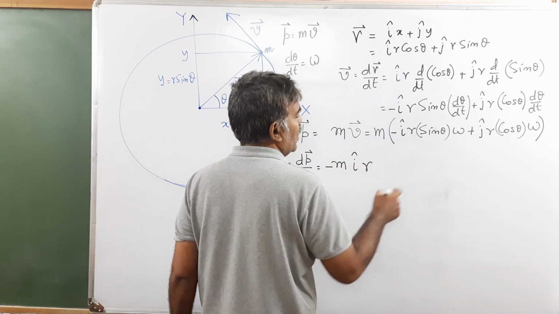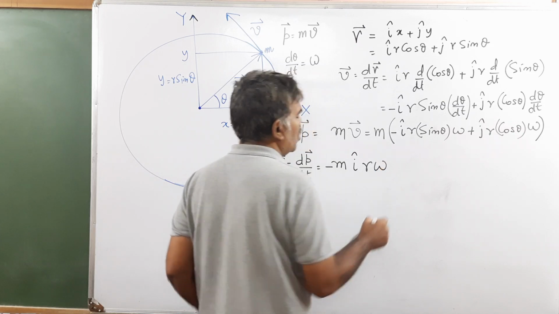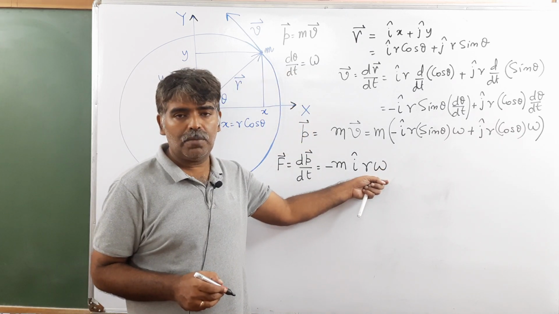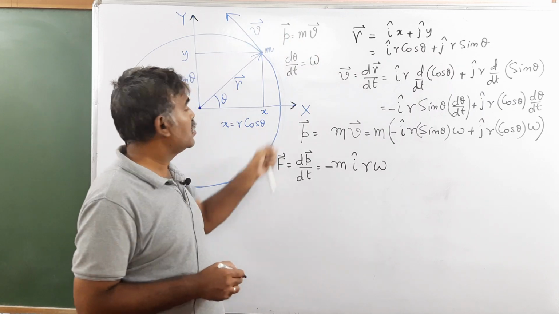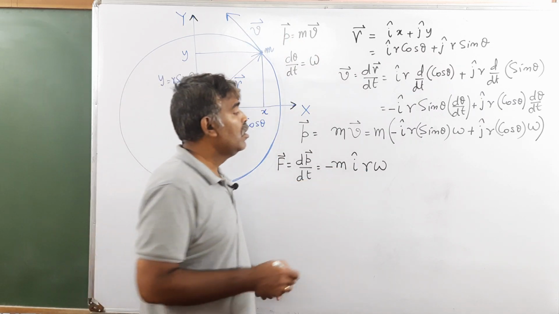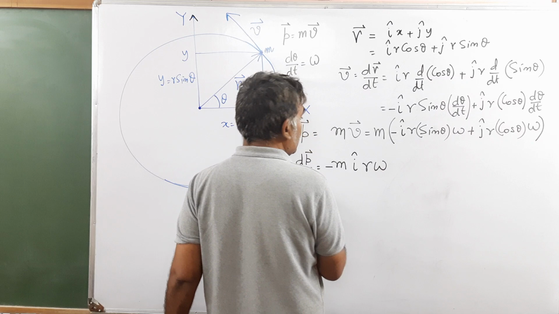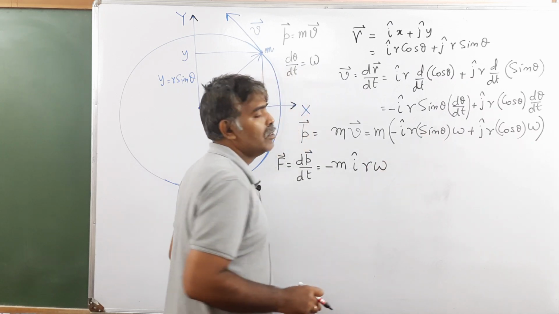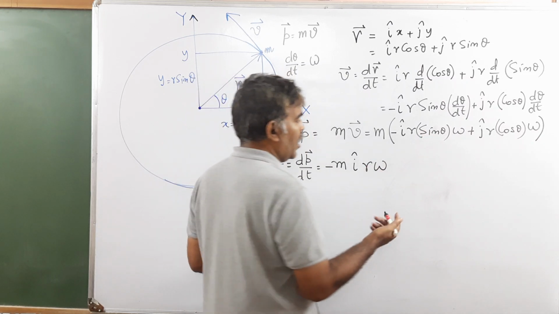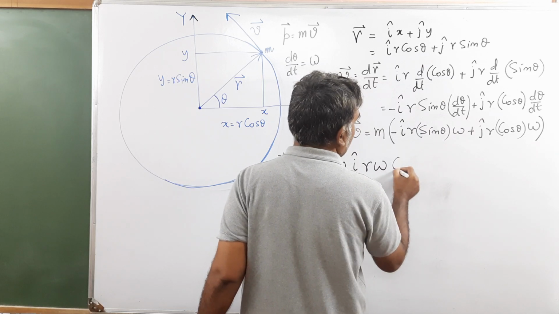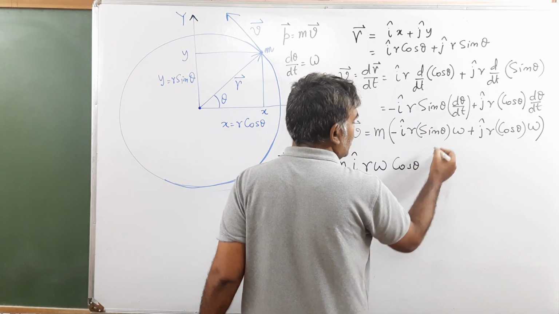So, this is a minus sign. Omega is also constant because it's a uniform circular motion. So, it's moving with a constant speed. Now, again, this d/dt will be applied on sin theta. So, d/dt of sin theta means, again, by chain rule of differentiation, it is cos theta times d theta/dt.